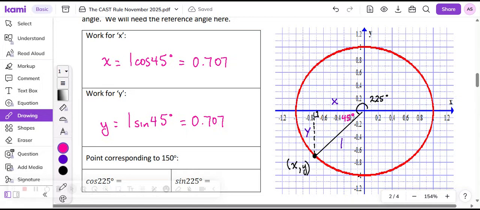But think about where we are, guys. That point isn't 0.707 and 0.707. We're in the quadrant where x is negative and y is negative. We're going left that much and down that much. So the actual point would be negative 0.707 and negative 0.707.